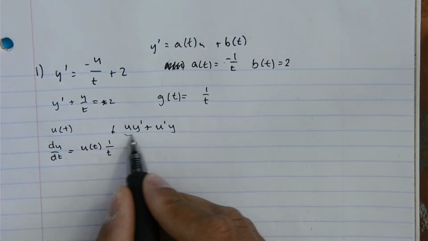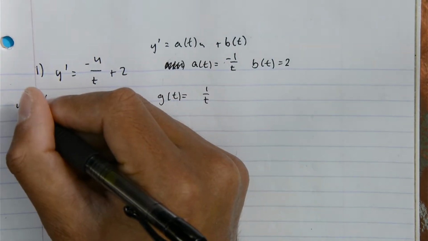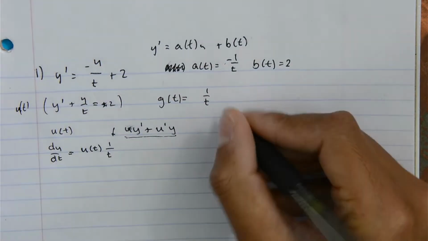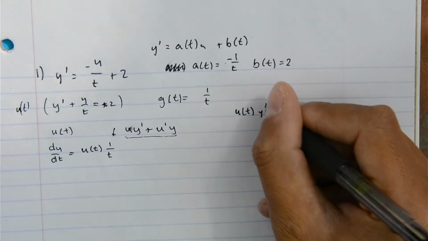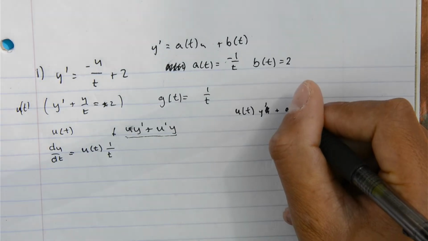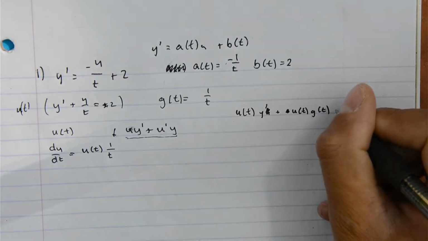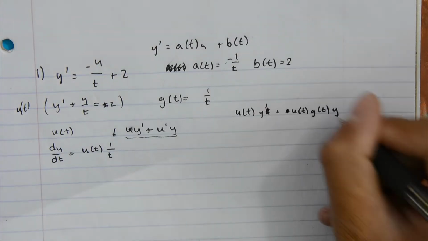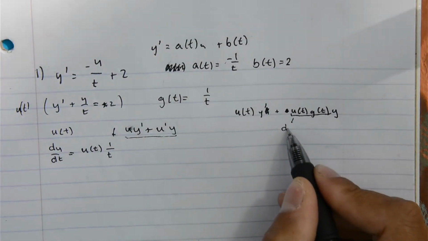Because in this equation, if we multiplied both sides by u of t, we would get u of t y prime plus u of t g of t y. And so we need this part to be equal to du dt.